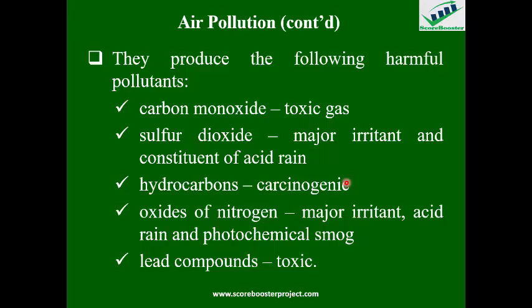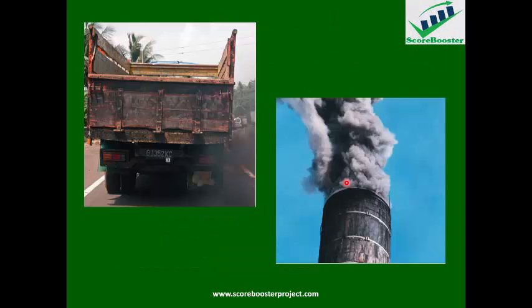When these are released into the atmosphere, they cause photochemical smog or acid rain, as the case may be. Lead compounds are also toxic. Lead compounds can come from the addition of lead compounds into motor vehicle fuel, so when the fuel is combusted in the engine, lead compounds are released. When released into the atmosphere, they are very toxic because lead is a heavy chemical.